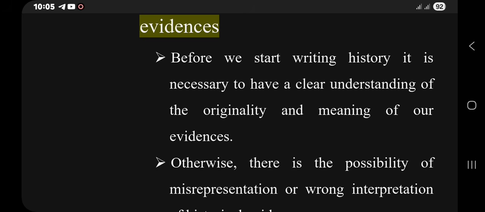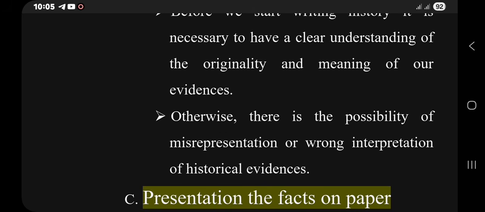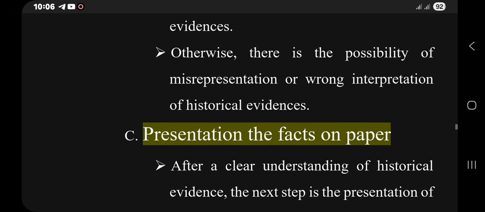It must be interpreted. Otherwise, there could be a possibility of misrepresentation or wrong interpretation of historical evidences.